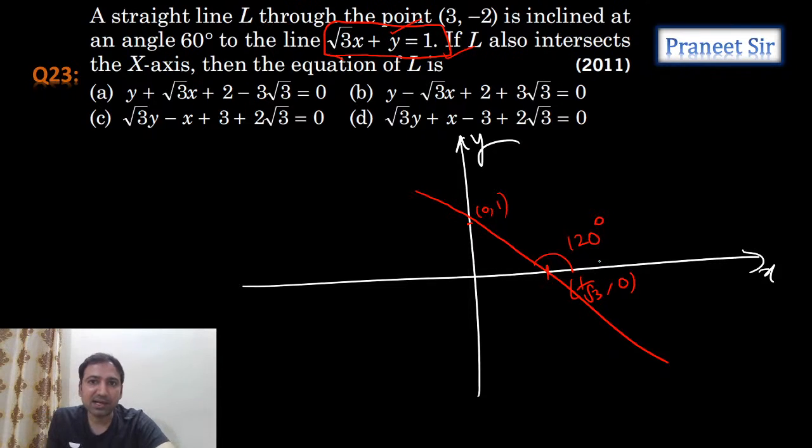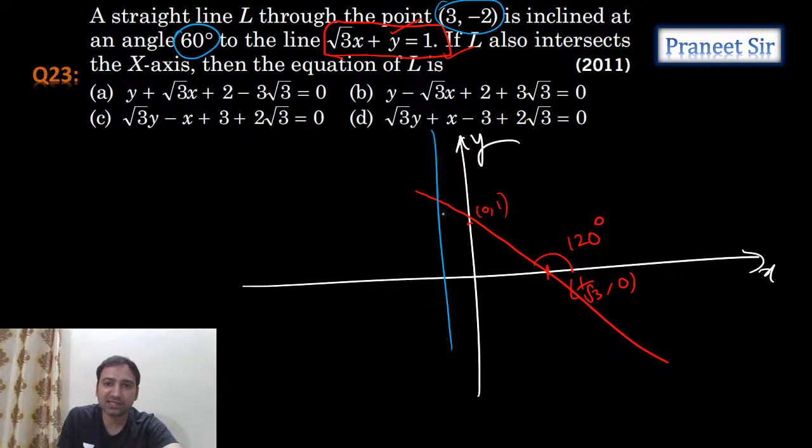Right, this is the given line, and we need to make a line which makes an angle 60 degrees with this line and passes through 3 comma minus 2. So a line at 60 degrees with this line could be parallel to the x-axis. Why? Because this angle is 60 degrees only. One second, guys.